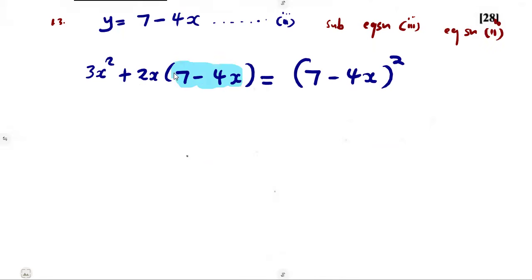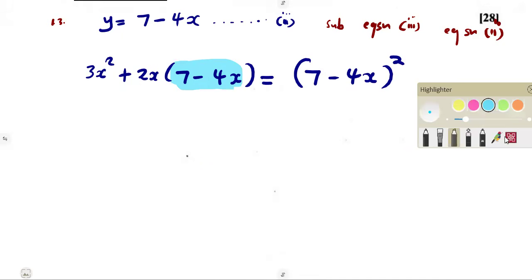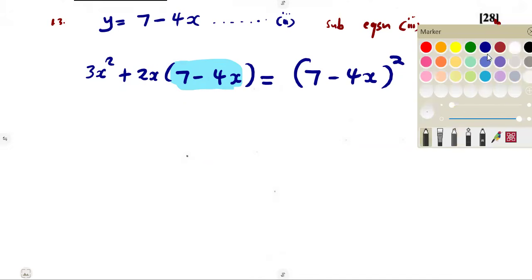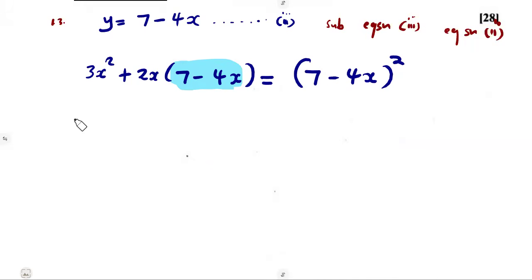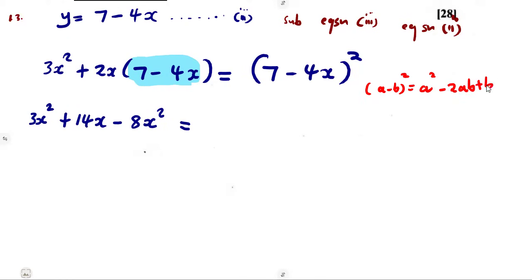Expansion of bracket we need here is to expand our brackets by 2x. So the 3x squared is already out there. So it's going to be 3x squared, 2x and 7 minus 4x squared. Remember, that's your expansion: the first squared minus 2 times the first and last, plus the last squared.